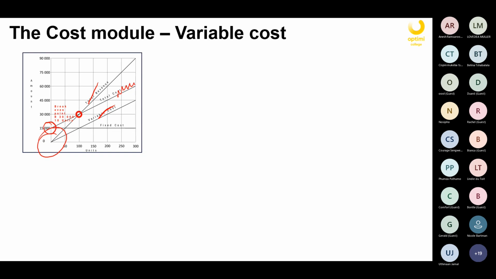So can you see that this line's parallel line is this one? Therefore, this one, even if they didn't give me the name, is the variable cost. Its origin is 0. It runs parallel to the total cost. Total cost has an origin of 15,000.